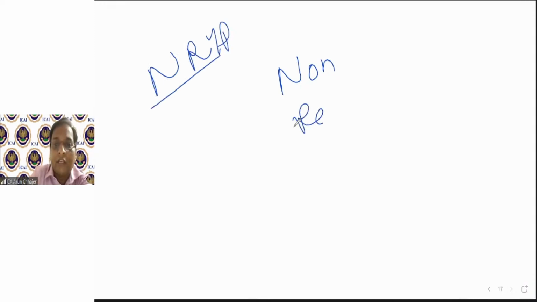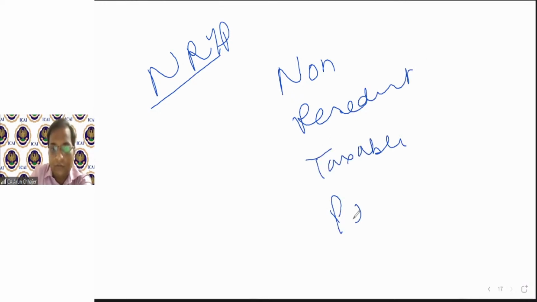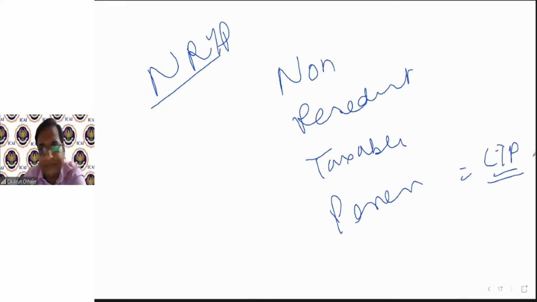एक टर्म हमने पढ़ा था नॉन एनआरटीपी. ये क्या है? Non-resident taxable person. What is that? It is almost equal to the CTP, casual taxable person.